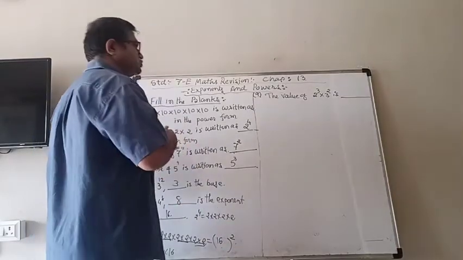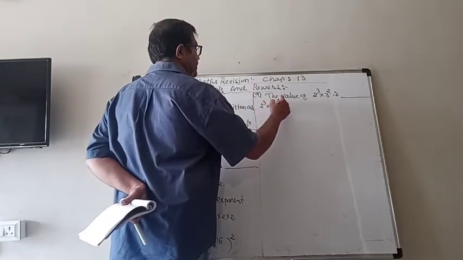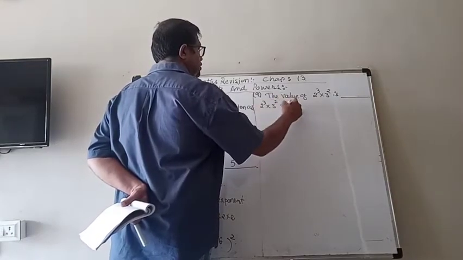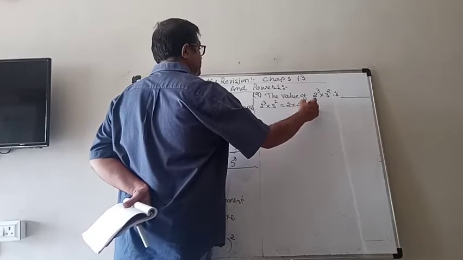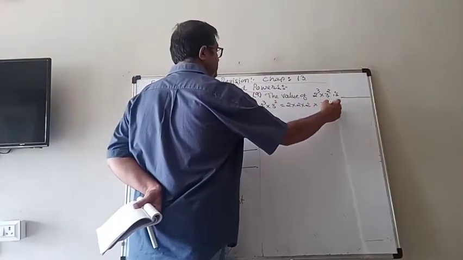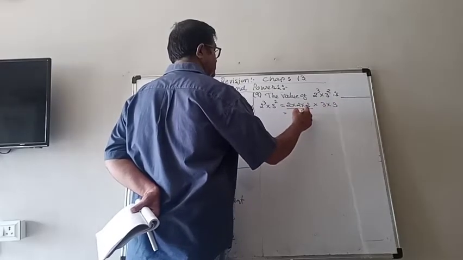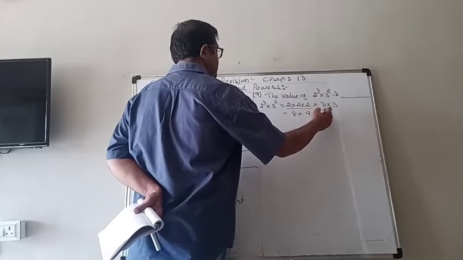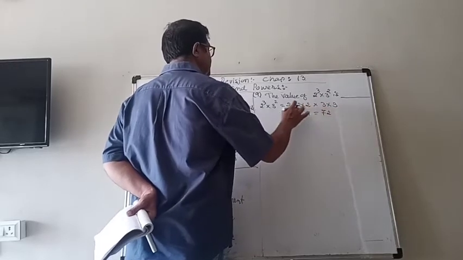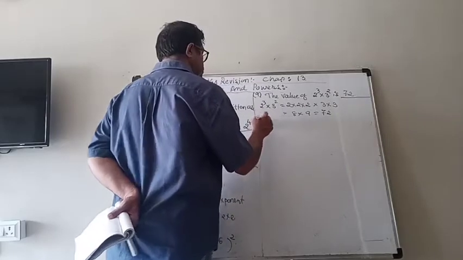So we just have to simplify. So 2 raised to cube multiplied by 3 square. 2 cube means 2 multiplied by 2 multiplied by 2. 3 squared means 3 multiplied by 3. 2 2s are 4, 4 2s are 8. 3 3s are 9. So 8 9s are 72. So answer is 72.